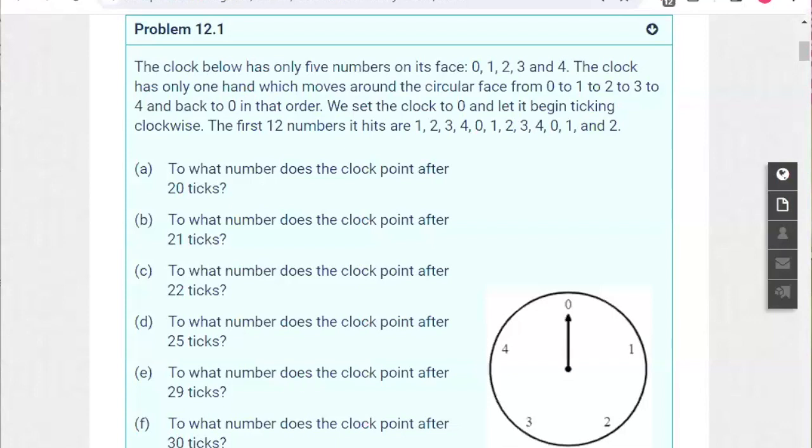C, Jessica. To what number does the clock point after 22 ticks? Can you look at our chart? 22 is what column? 2. Right. How can you prove this by math? Does 22 divide by 5?